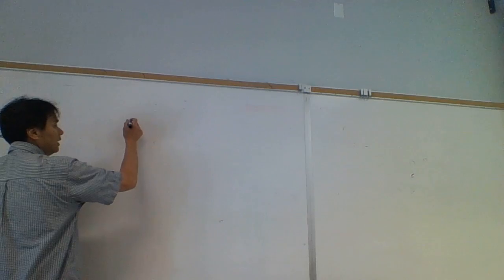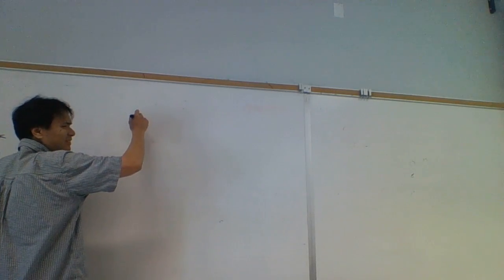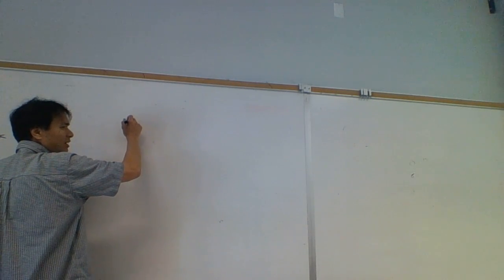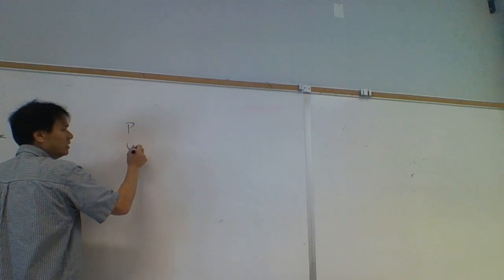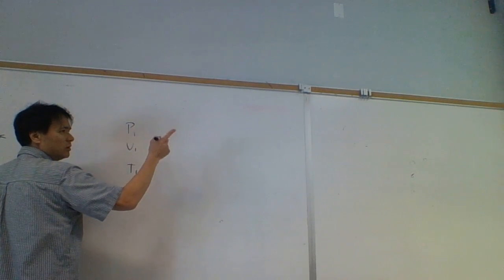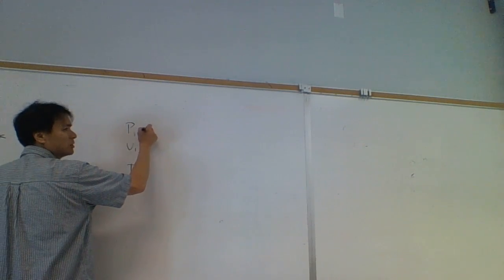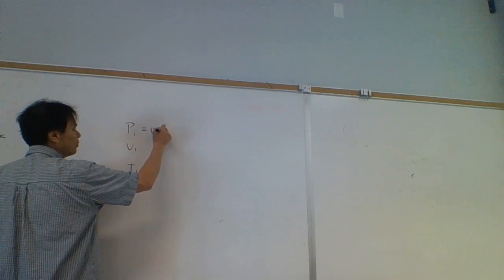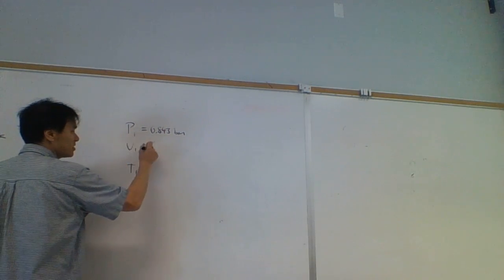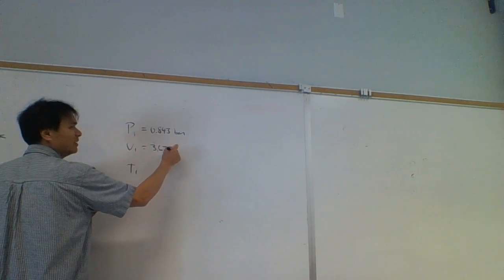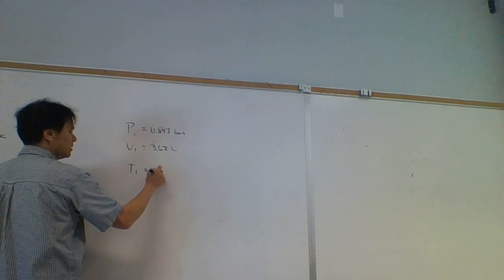So if we're looking at this, we have pressure, volume, and temperature. The original nitrogen gas sample had a pressure of 0.843 bar, a volume of 3.62 liters, and a temperature of 16 degrees C.